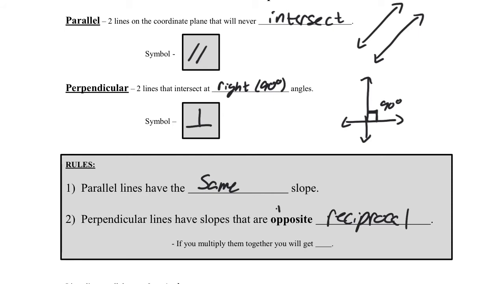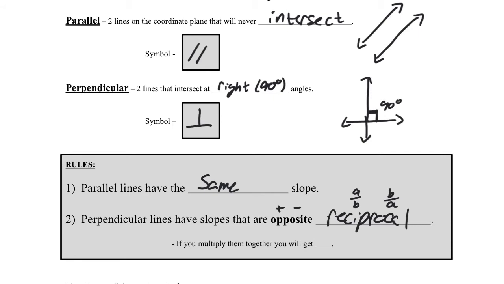Opposite, we want to think of one as being positive, one as being negative, and reciprocals, that's where we're talking about fractions. If we have the fraction a over b, its reciprocal is b over a, and we have to meet both of these to be perpendicular. We can't have one or the other, we have to have both.